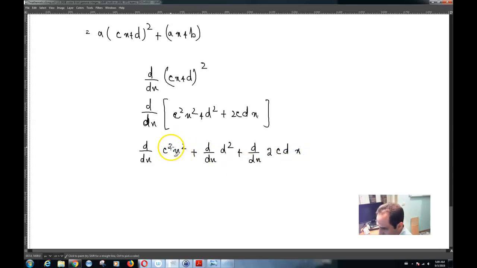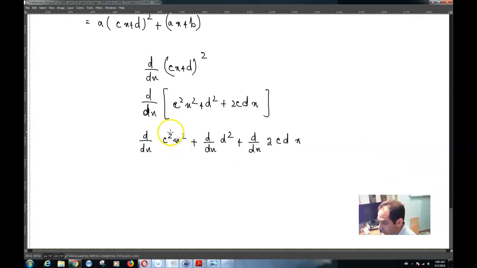Now d by dx of c squared x squared is the same thing as, over here, again you have the product rule, meaning u times v whole prime is equal to u prime times v plus u times v prime.